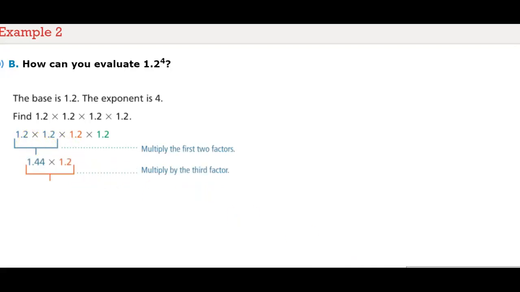You get 1 44/100 times the next factor, which is 1 2/10. And then you get 1 728/100 times 1 2/10. And then you multiply that and you get 2 736 10,000ths is the value of 1 2/10 to the power of 4.